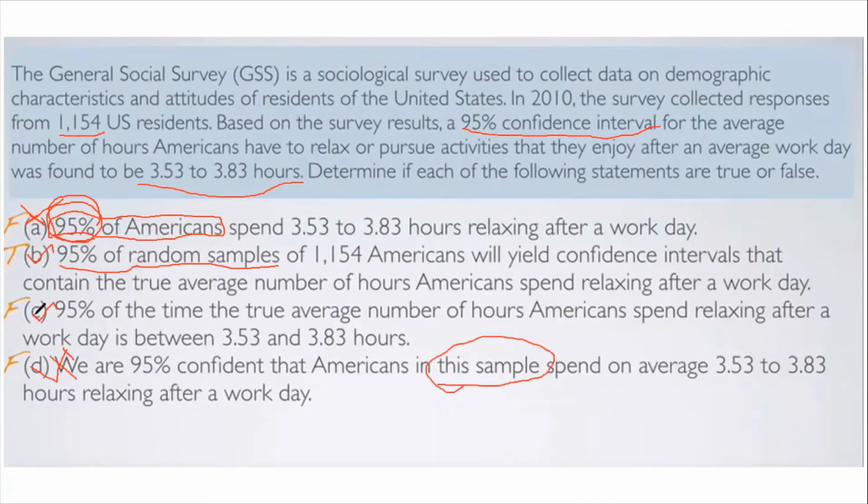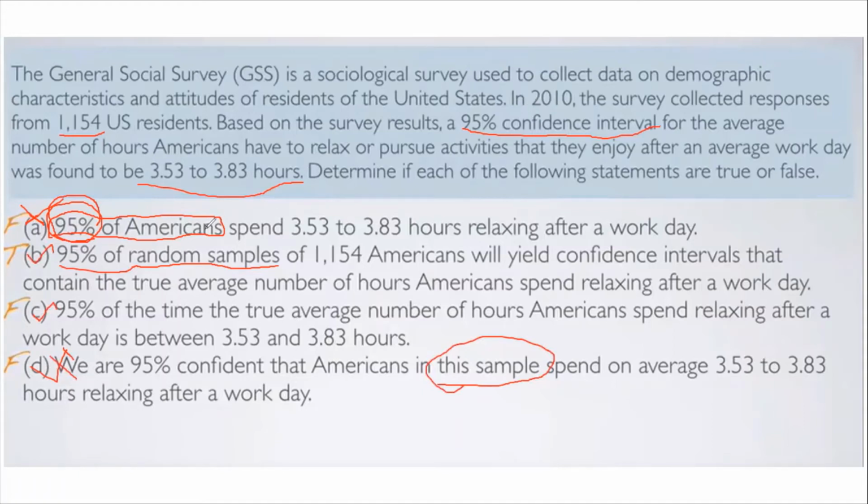And why is C correct? 95% of the time, the true average number of hours Americans spend relaxing after a work day is between 3.53 and 3.83 hours. I think that means we are confident that the true average, the population parameter, lies there. So I think C is the only correct answer.